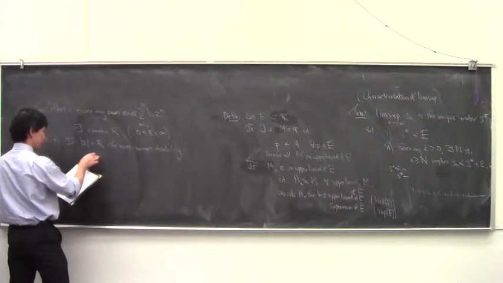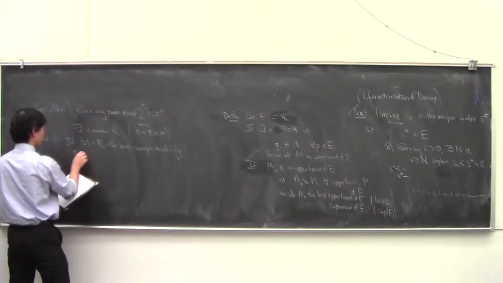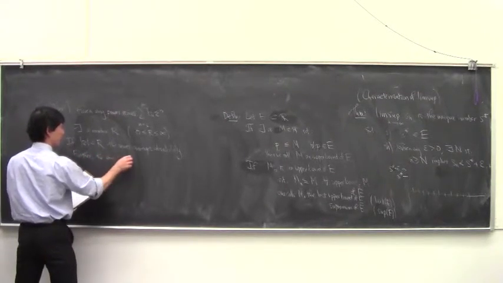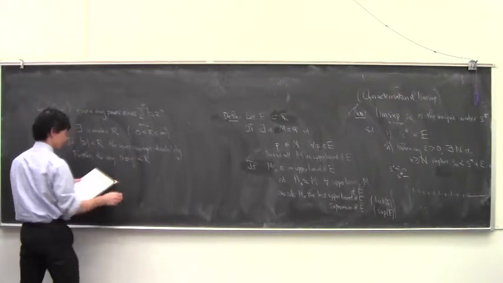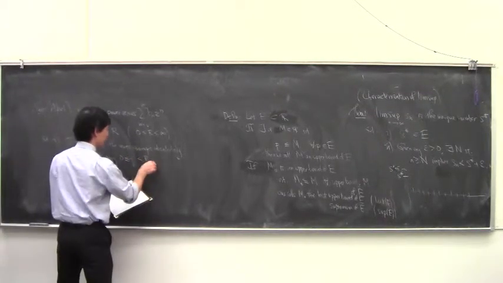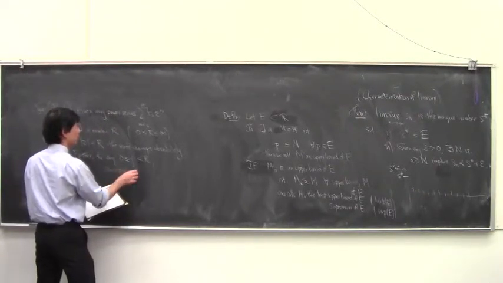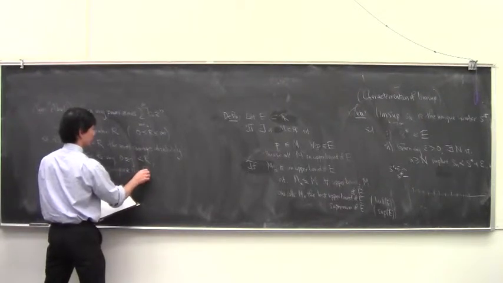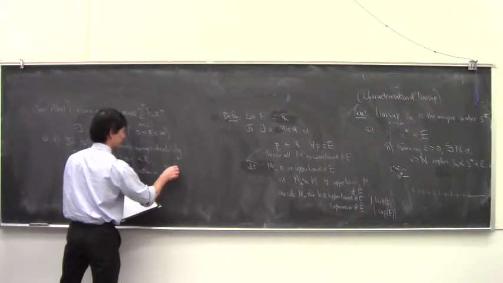And further, for any rho that's strictly less than r, convergence of the series is uniform on the disk of radius rho.